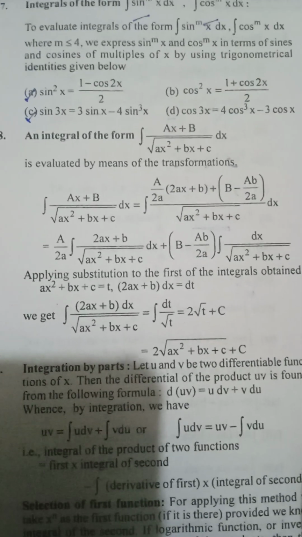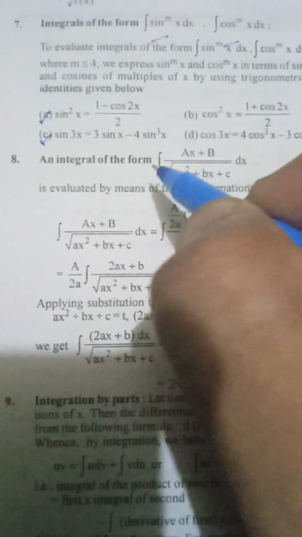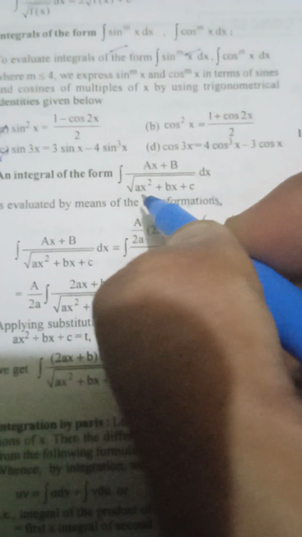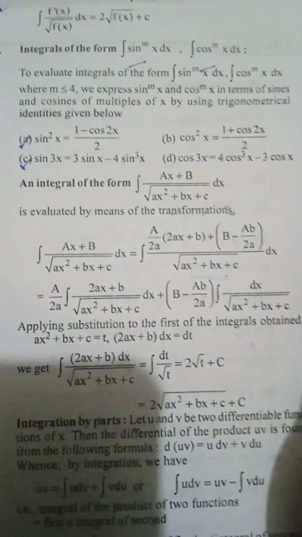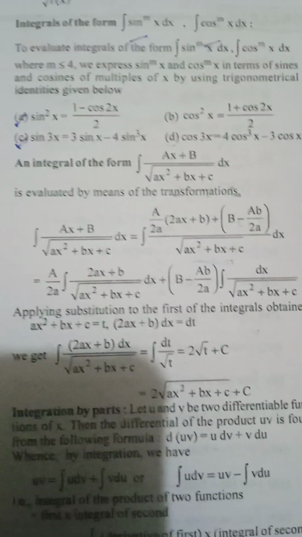So let's move on to another integral form, which is of this form: ax plus b, an algebraic expression in the numerator, and a quadratic expression under the square root in the denominator. So how can you solve that? I would suggest you simply remember the result in such cases.